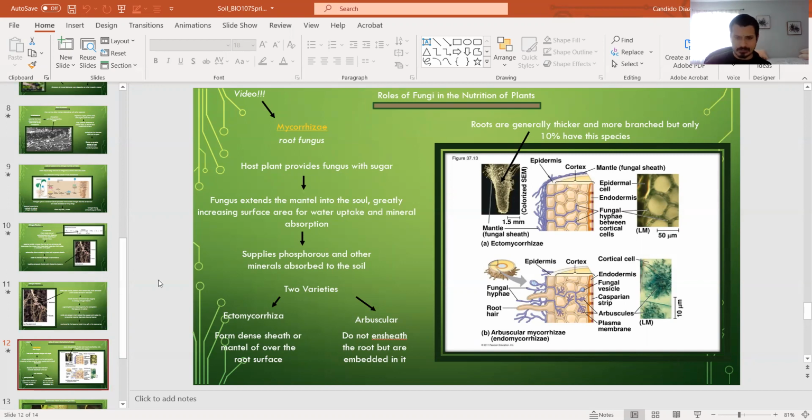You have those that are sharing nutrients, the plant is providing sugars from photosynthesis, and then the fungus is extending the range to which the roots can grow, but they also absorb other nutrients from the environment, which can then be passed on to the plant via its roots, either passively or actively being pumped, depending on it.